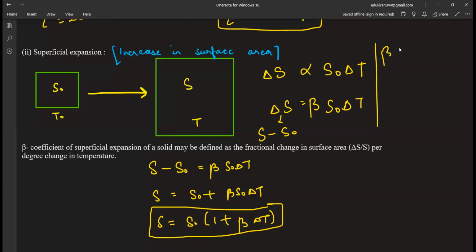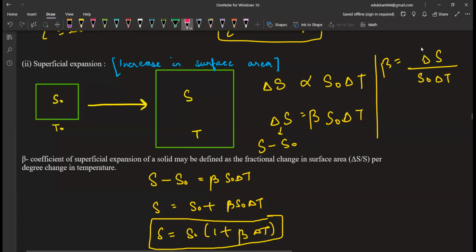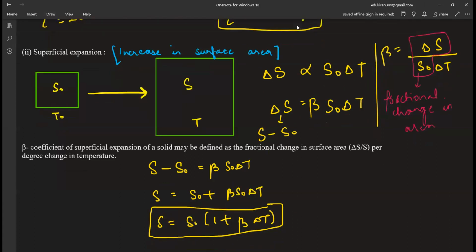What is beta equal to? Beta is equal to delta S divided by S naught delta T. This is the fractional change in the area. So how can you define the coefficient of superficial expansion?